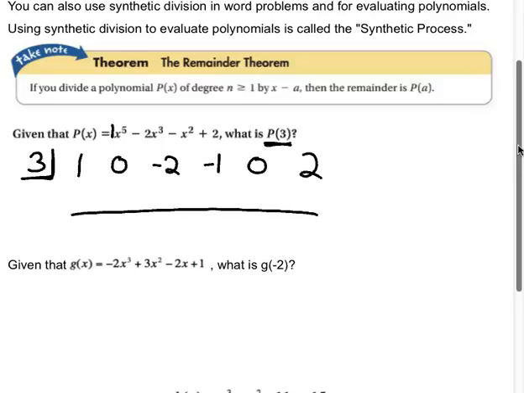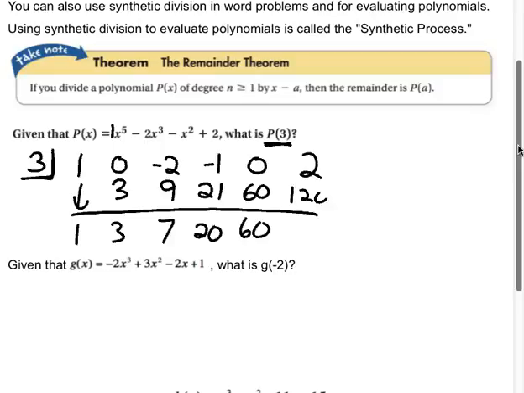Now I'm just going to run through that process. Okay, take the 1, multiply by 3, add, multiply by 3, add, multiply by 3, add, multiply by 3, add, multiply by 3, and add.